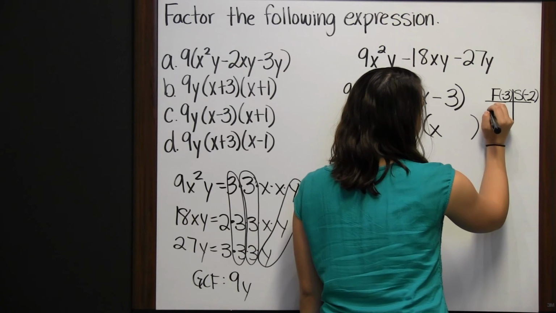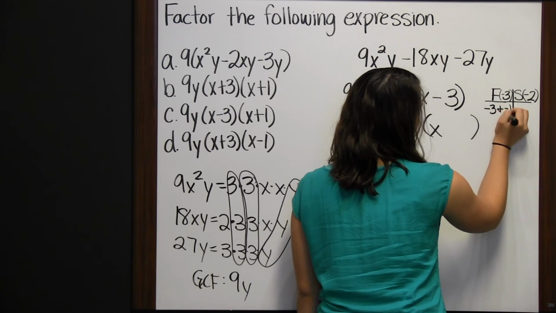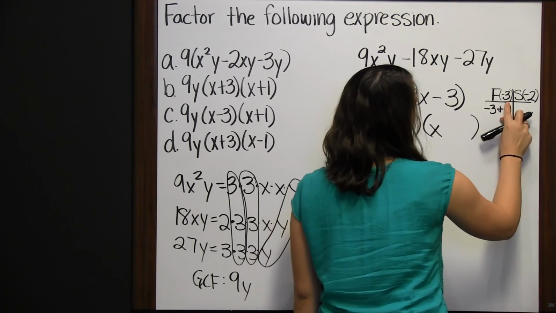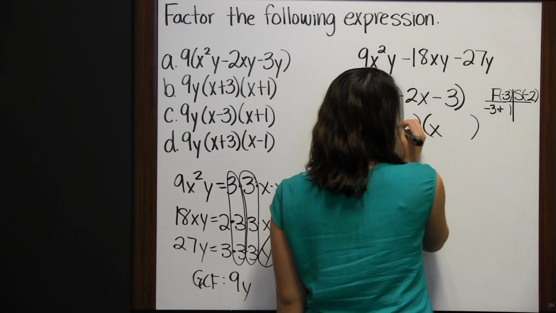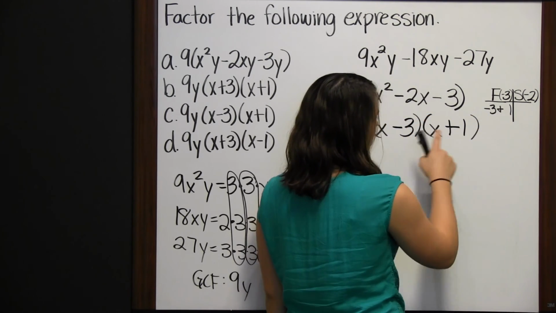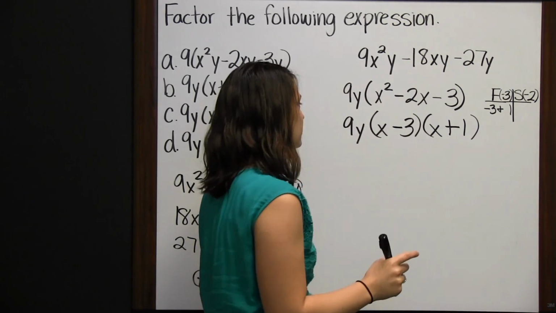And the only factors of negative 3 that would have a sum of negative 2 would be negative 3 and positive 1. Negative 3 times 1 is negative 3, and negative 3 plus 1 is negative 2.